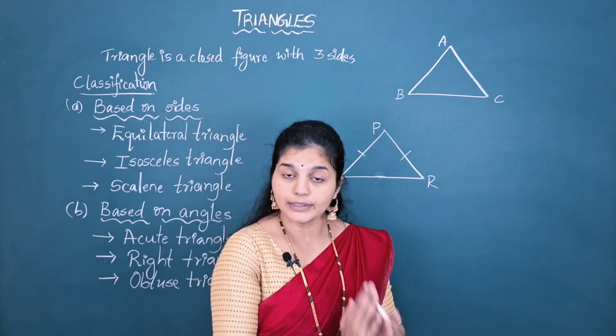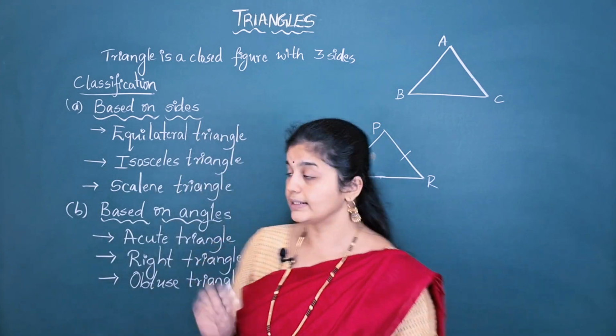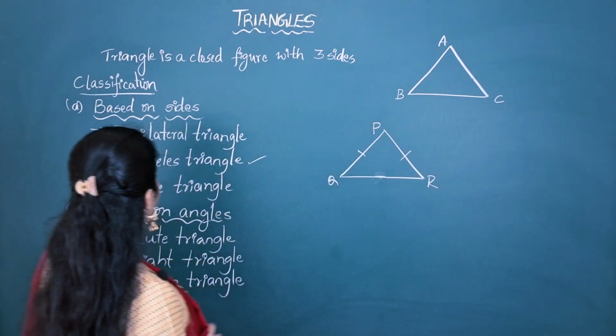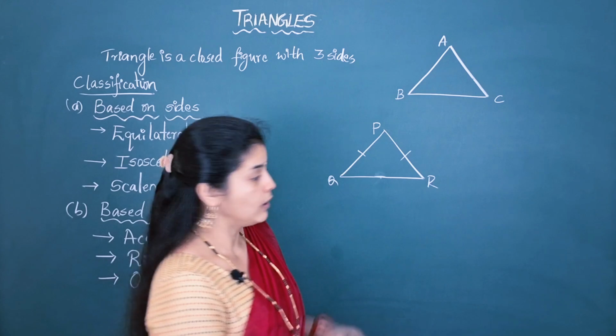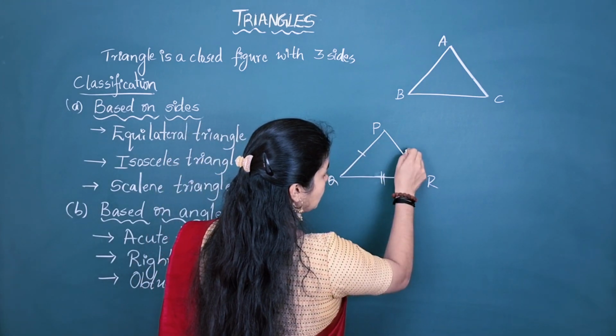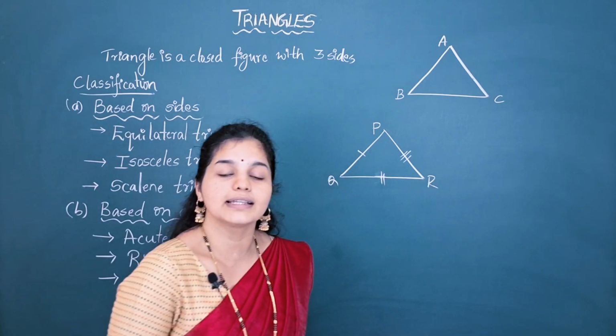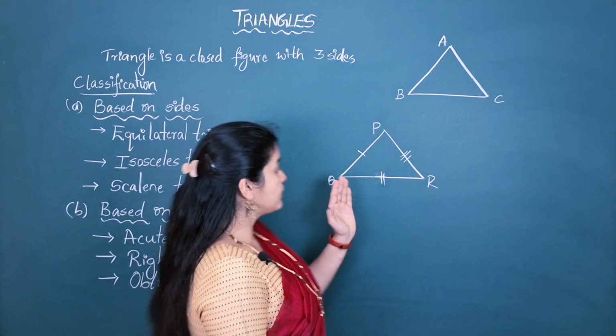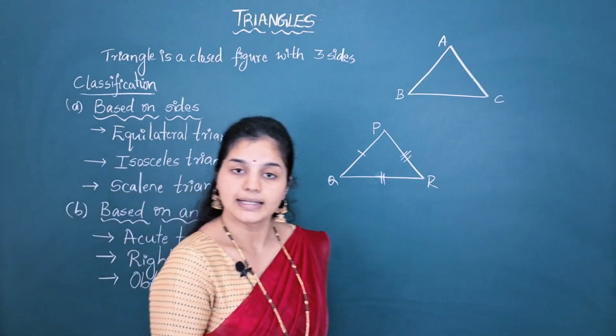Okay, if any two sides are equal, then it is called an isosceles triangle. Then we have scalene triangle. When you take a triangle and all three sides have different measurements, if all three sides are different, then it is called a scalene triangle.